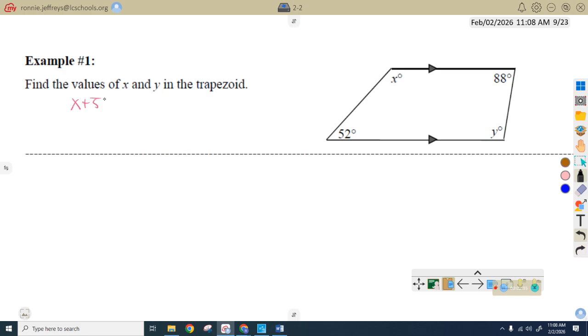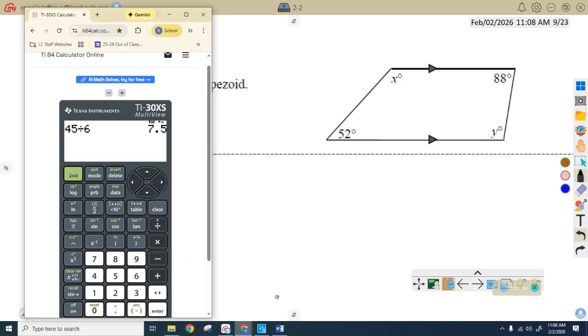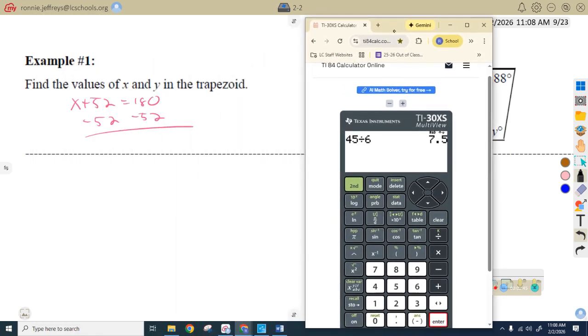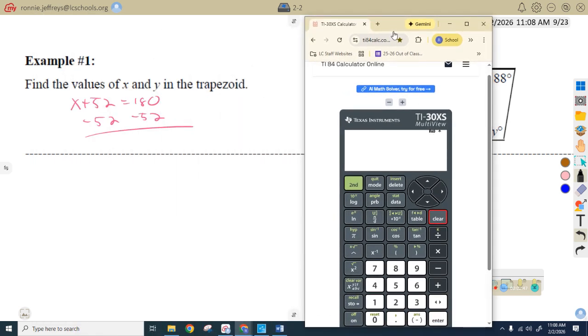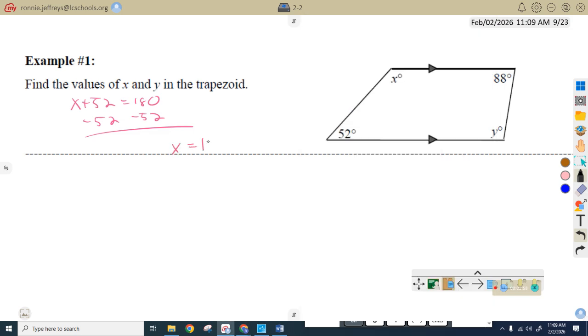X plus 52 equals 180. So minus 52, minus 52. 180 minus 52. All right, so x is 128 degrees.